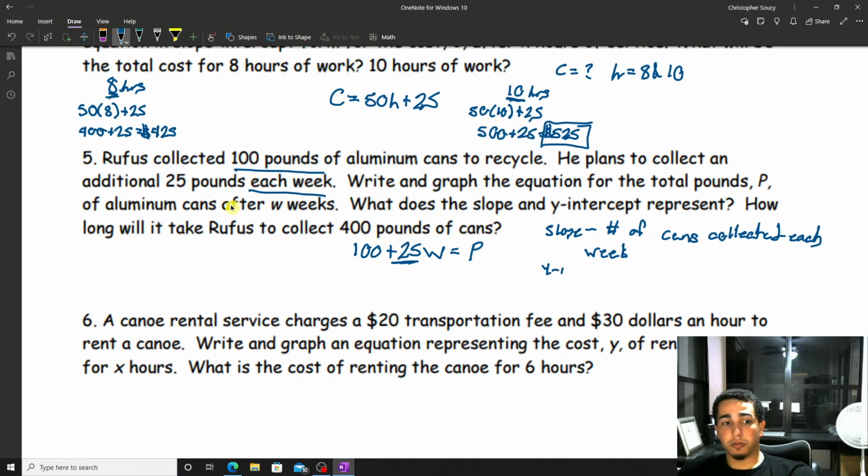Our y-intercept is going to be the number without a variable next to it. And it's how many cans he has collected so far. So, number of cans collected so far.